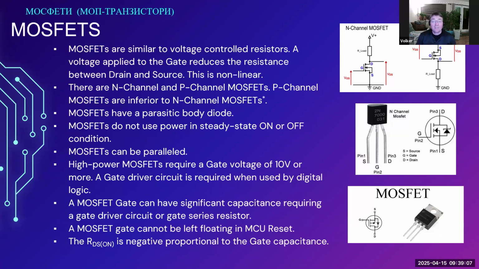A MOSFET gate can have significant capacitance, and that is really the important point here. So normally, when I'm telling you that a MOSFET can be turned on without using power, the first question would be, why are we still using transistors? Why aren't we just completely switching over everything to MOSFETs?